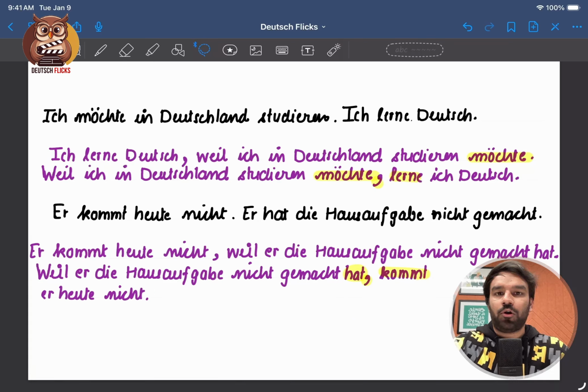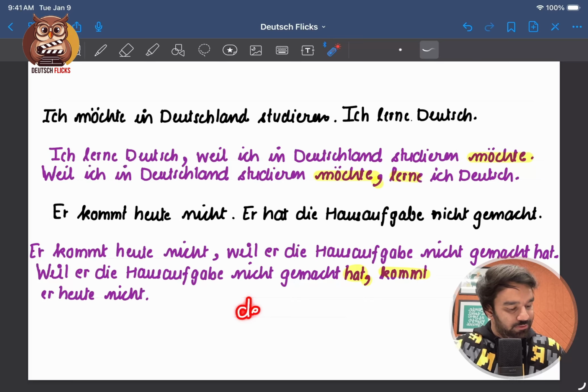Now, if you followed my A1 series as well, you must be thinking that we have already learnt one word for because, which was denn. So, what exactly is the difference between this word denn and weil?